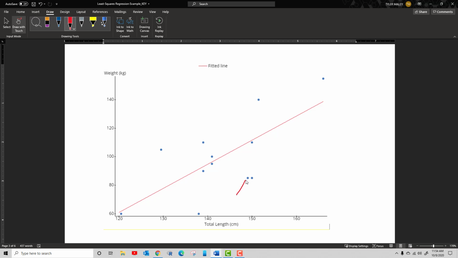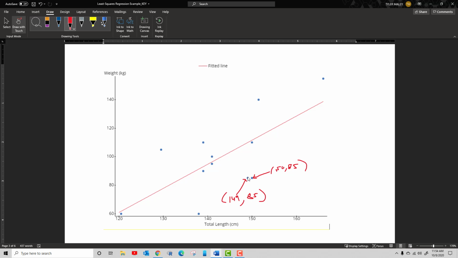This guy here, that's the data point 149, comma 85. I'm pretty confident about that because this data point here is the 150, comma 85. So that's how I thought about trying to identify that one. So that's the one we're focusing in on.